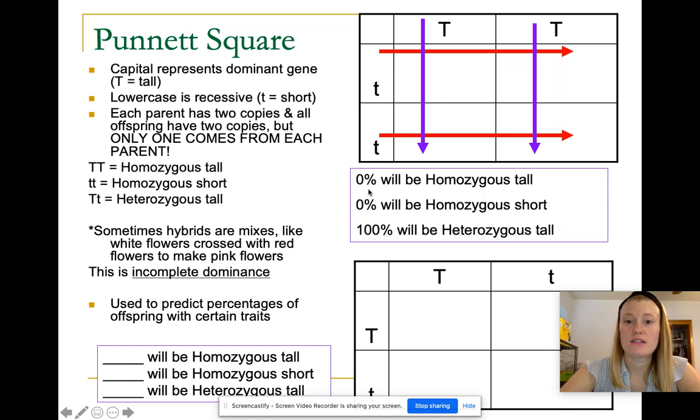And so that means there's 0% will be homozygous tall for this. 0% will be homozygous short for this, and 100% will be heterozygous tall. Because with heterozygous, anything with a heterozygous dominant trait will be expressed.